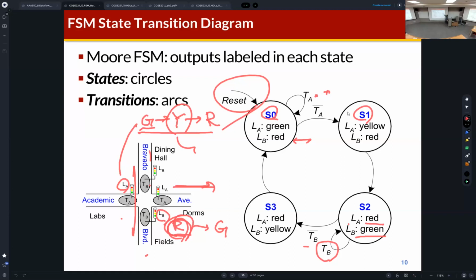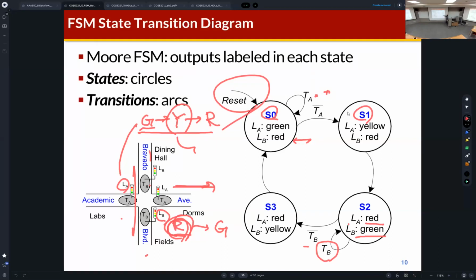We can use input signals as conditions for transition. If some conditions are met, the state is changed from the current state to the next state. This state change is called state transition.